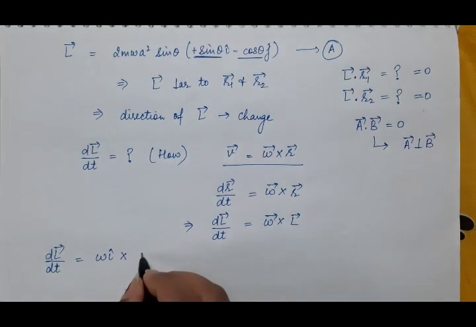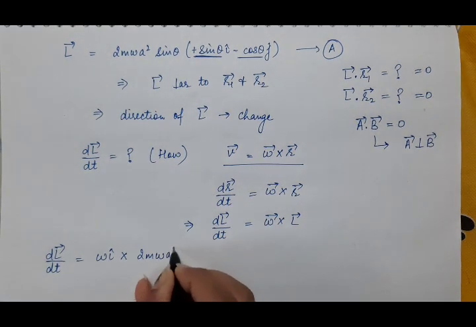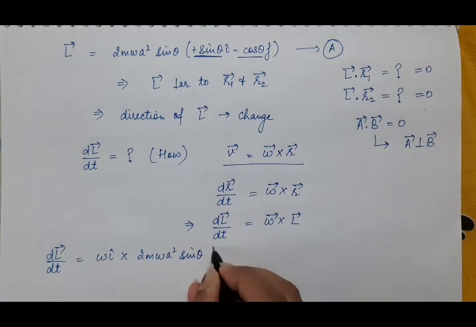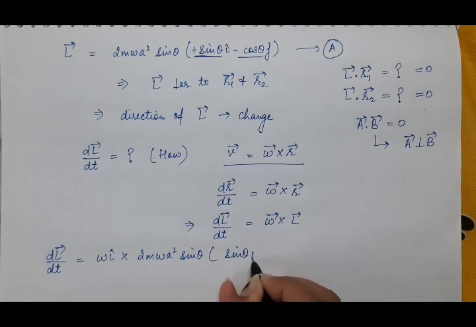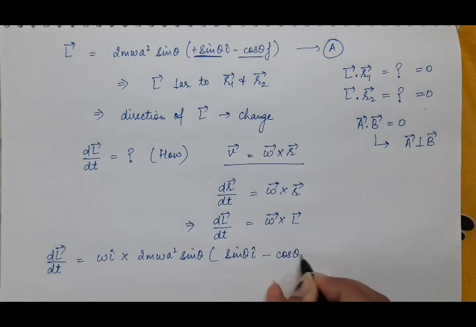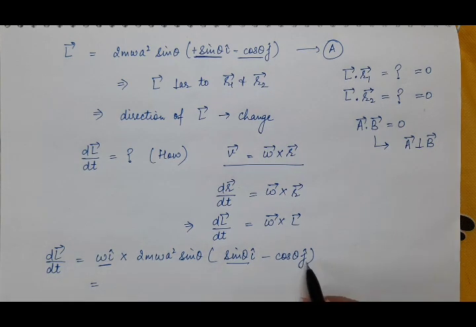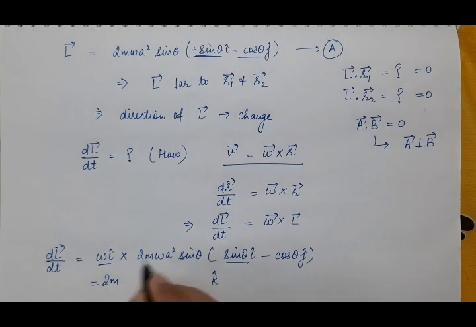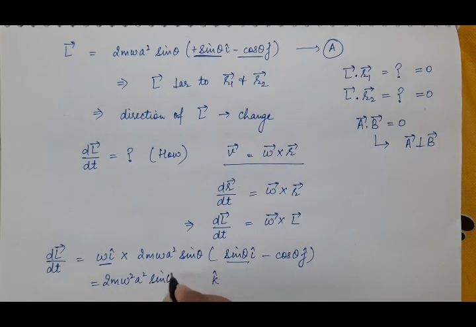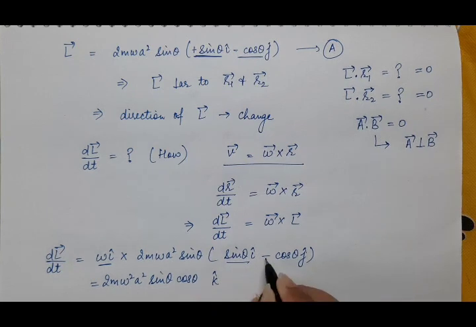It is from equation A, 2m omega a square sin theta into (sin theta i cap minus cos theta j cap). So in the cross product, i cross i will be 0, then i cross j will be k. And what are the coefficients? It is 2m omega square a square sin theta cos theta, into this negative.